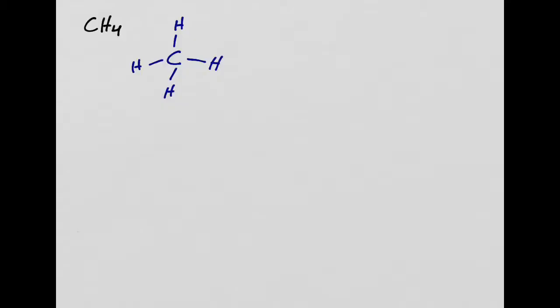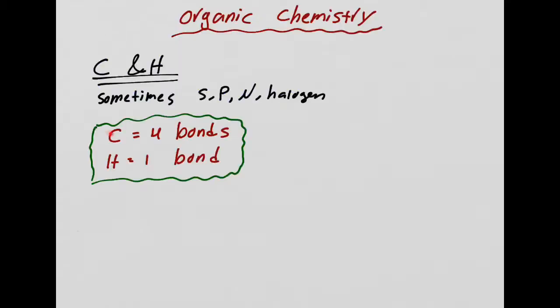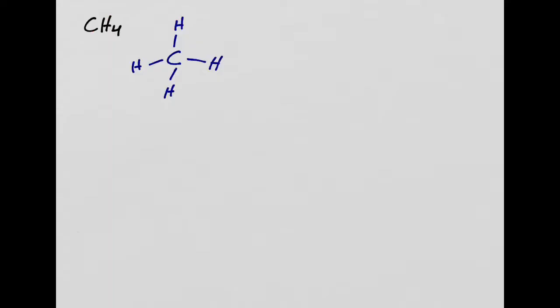After you do this, how many bonds does carbon have right now? 1, 2, 3, 4. Carbon is happy because remember, carbon needs 4 bonds, hydrogen needs 1 bond. And the geometry is tetrahedral. The bonding angle is 109 degrees.